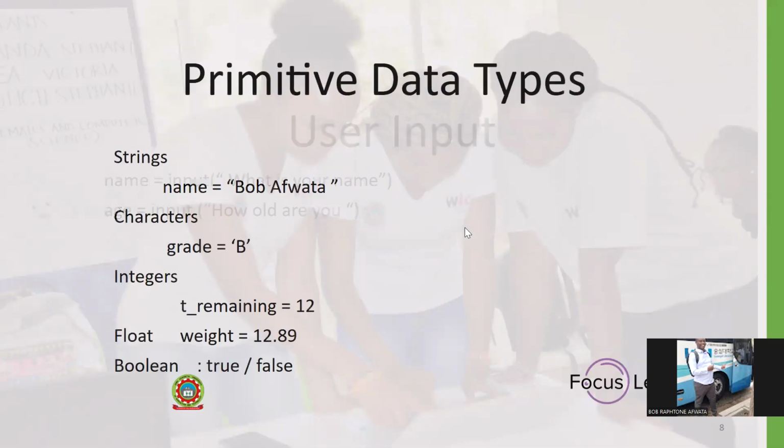So these are those primitive data types. We've looked at strings, which we have said is a collection of characters like Bob Afuata, and they can also include even space. After Bob, there is space, and then Afuata. So the space also is a character.